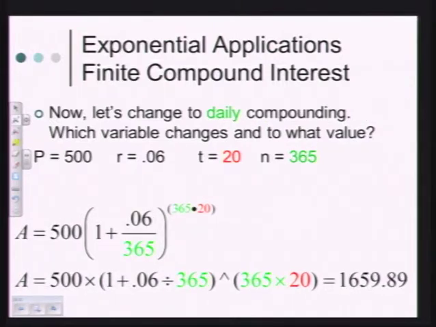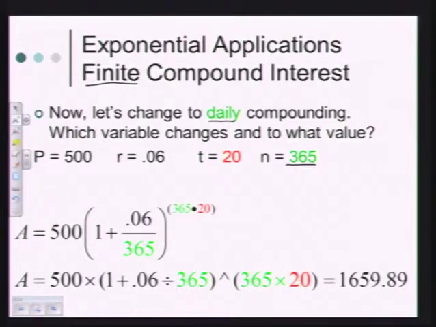And the final example we'll look at with finite compounding. Remember, finite means a set number of times, or a countable number of times, is daily compounding. Now in my scenario here, I use 365 for daily. Banks very often will use 360 if it's financial. In science problems, we would tend to use 365.24 with leap years. But I'm just using 365 as an arbitrary choice for 365 days in a year.